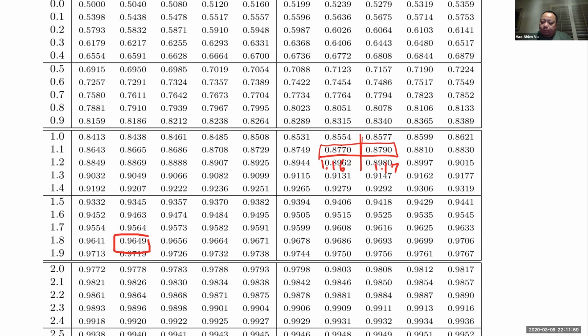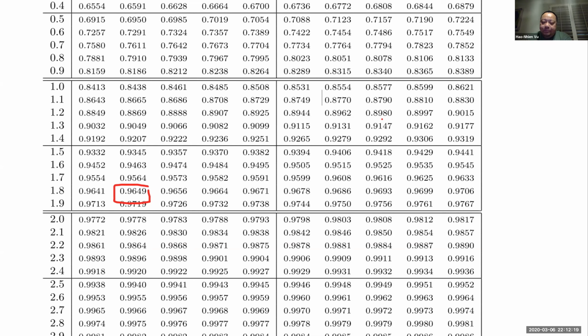So if you're looking for 0.878 as the area, then just split the difference and call it 1.165, okay? But I'm looking for 0.965 and I don't have a situation of splitting the difference here. I have the situation where this number 0.9649 is a whole lot closer to 0.965 than 0.9656. So I'm just gonna go for 0.9649.